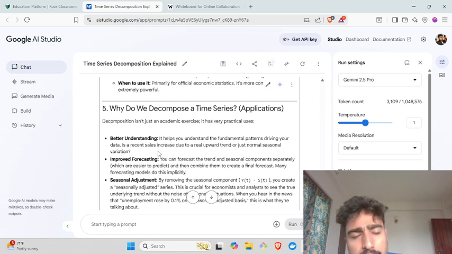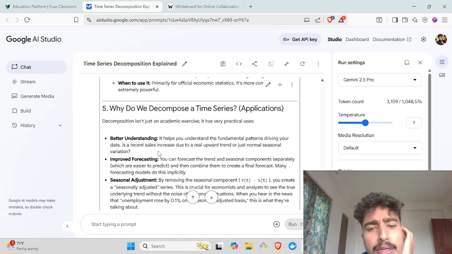Improved forecasting: you can forecast the trend and seasonal components separately, and then combine them to create a final forecast. After forecasting the individual components, we merge them and create the final forecast.